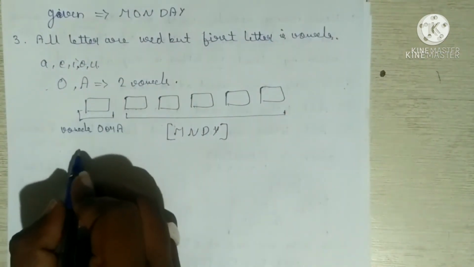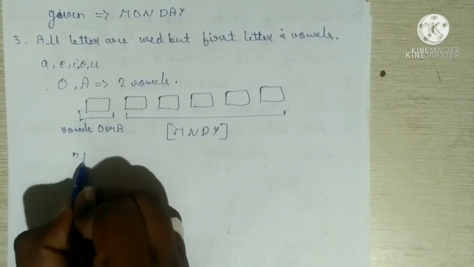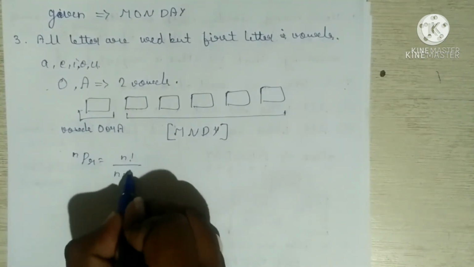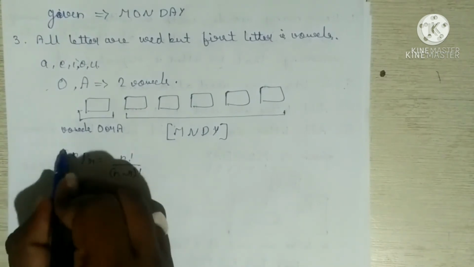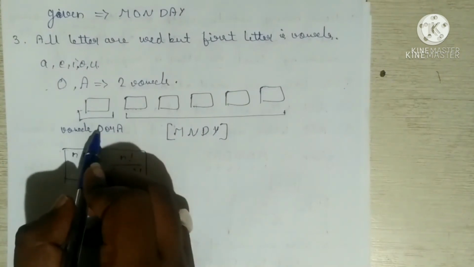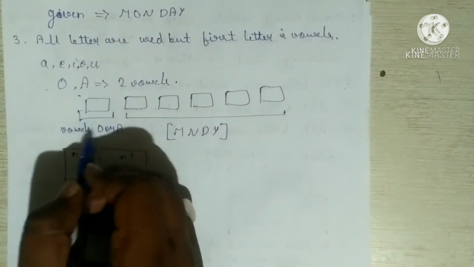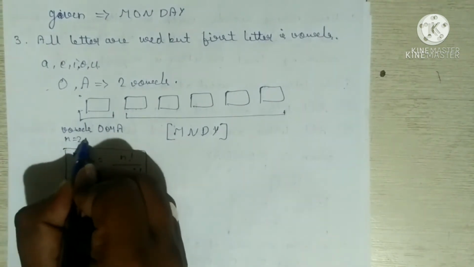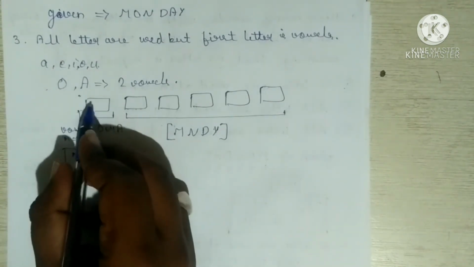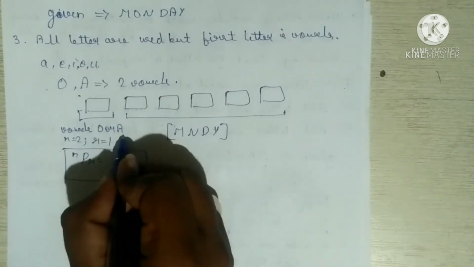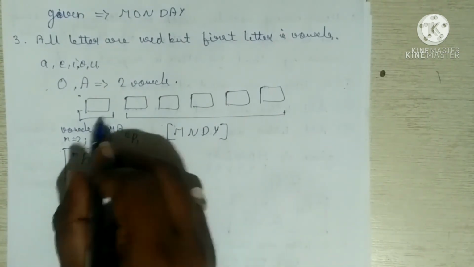For the first term it will become a vowel. Without repeating, first write the permutation formula: nPr is equal to n factorial by n minus r factorial. For the first term, the total number of vowels is n is equal to 2. We need to find only the first position, which means r is equal to 1. nPr is nothing but 2P1 for the first term.